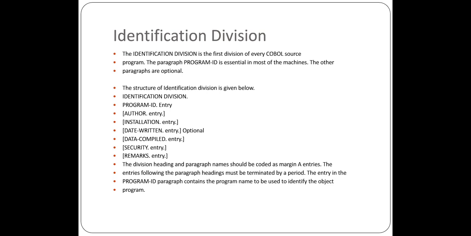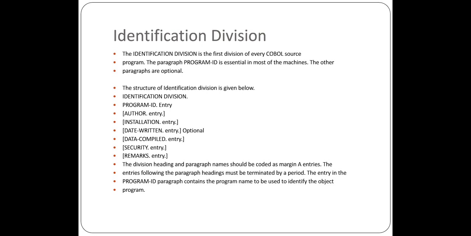The next paragraph is AUTHOR, a dot, a space, the author name, and then a dot. While mentioning these paragraphs, you have to be very clear, as there must not be any spelling mistakes in the paragraph names, and they must be written only in capital letters.